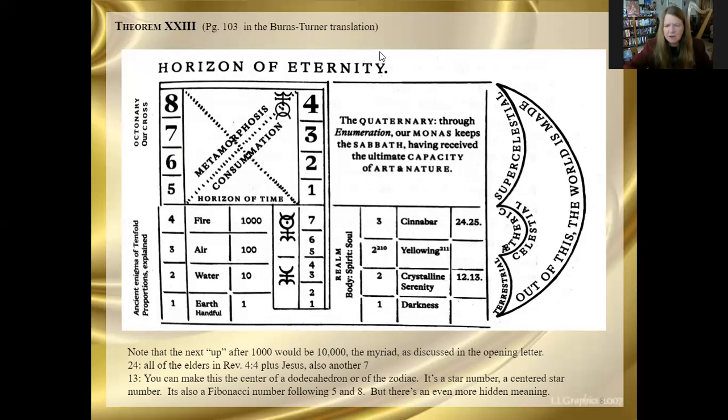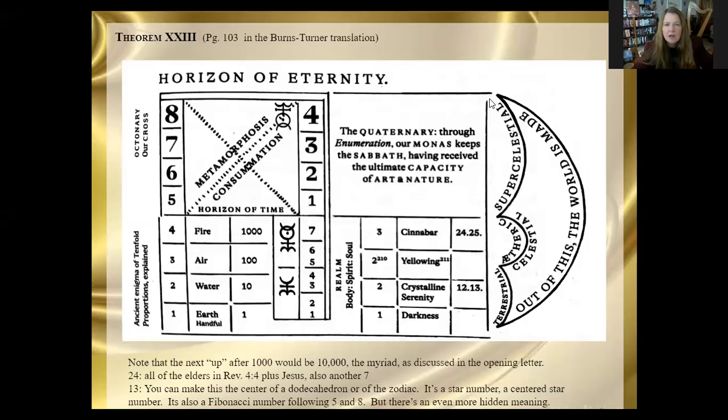Okay, but what about 25? Well, you've probably seen the note at the bottom there already. Think of the section in the book of Revelation that Dee referred to in Theorem 20 and again in 24, where you have the 24 elders or seniors on their thrones rotating around Jesus, 24 and Jesus, that's 25.